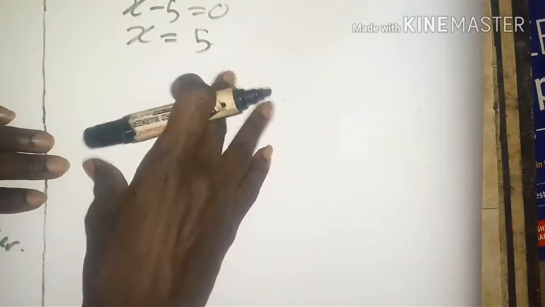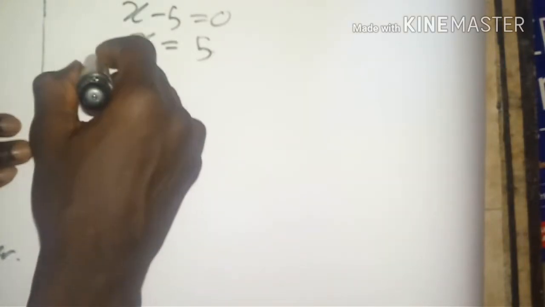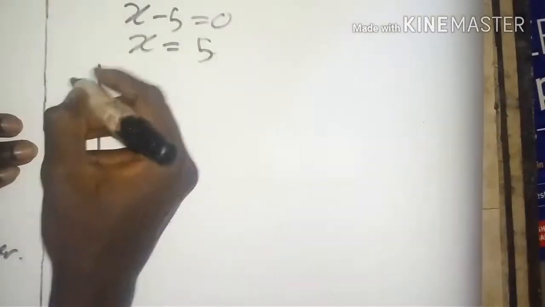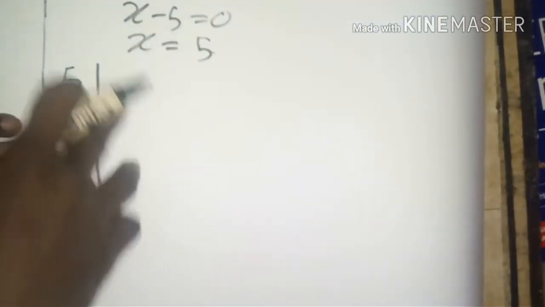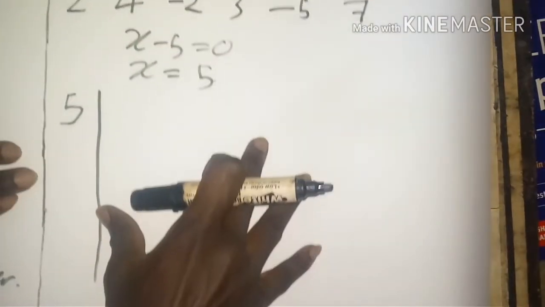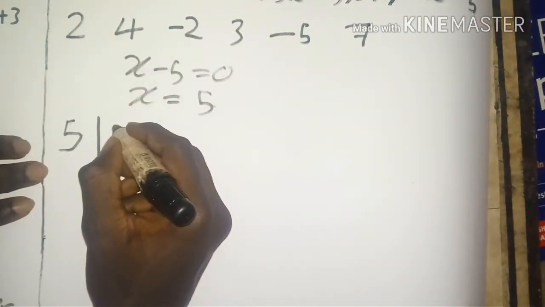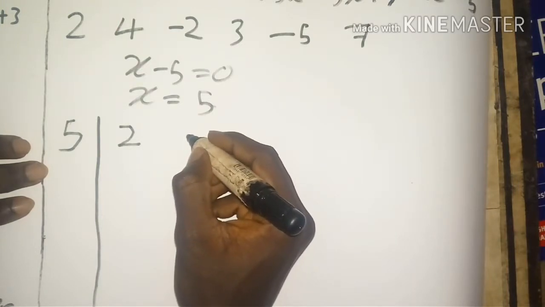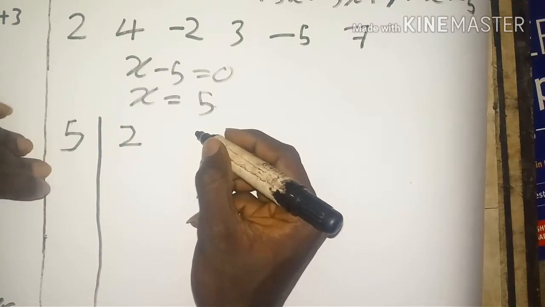So next thing I'll do here is to draw the line. I'm going to draw the first line here, then put on my x equals 5. Then I'll put the coefficients that I wrote here, writing them each one by one. Because it's going to give me a lot of large numbers, I'm going to give them space.